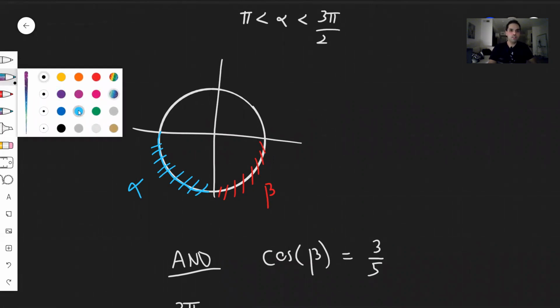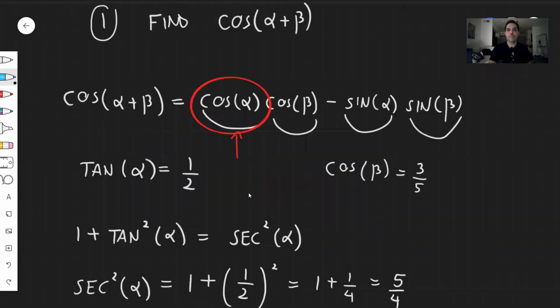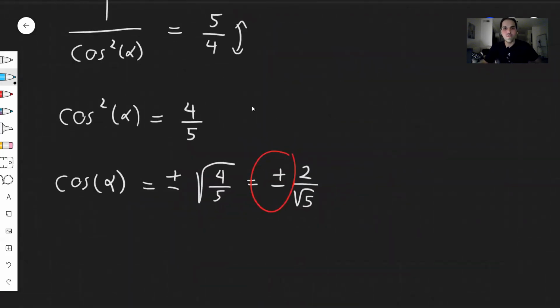Well, remember alpha is in this region, so cosine of alpha must be negative. So the question is, is it plus square root of 4 over 5 or minus square root of 4 over 5? Well, in this region, cosine is negative. So going back, it becomes negative 2 over square root of 5. So this is very typical. You're always wondering what is the sign. In order to figure out the sign, you have to use the trig circle.